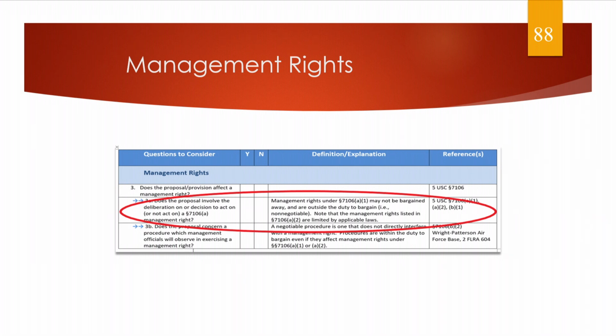Now, management rights is a topic that I think is a favorite of labor relations professionals. I think we love to say, that's a violation of management rights. So we're going to talk about it in more detail. If everybody pulls out their checklist, you can see in 3A, it talks about the analysis of whether the proposal involves a deliberation on or decision to act on or not act on Section 7106A, which is a management right.